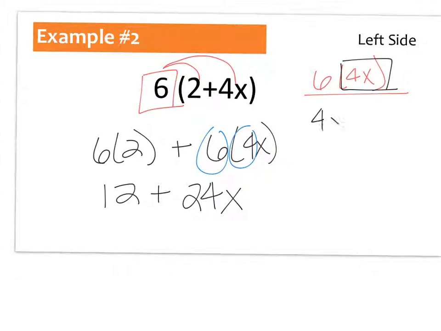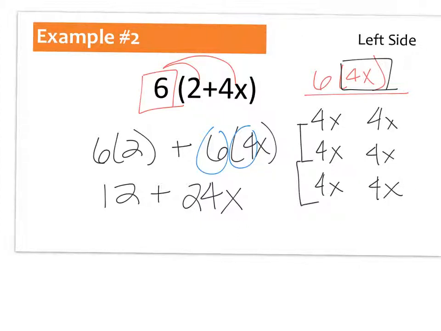So I have 4x, 4x, 4x, 4x, 4x, and 4x. How many 4x's do I have here, right? So I have 4, then 8, then 12, 16, 20, 24. So I have 24 x's. So that's where I get my 24x. All I do is multiply the numbers and then just add the variable to it.